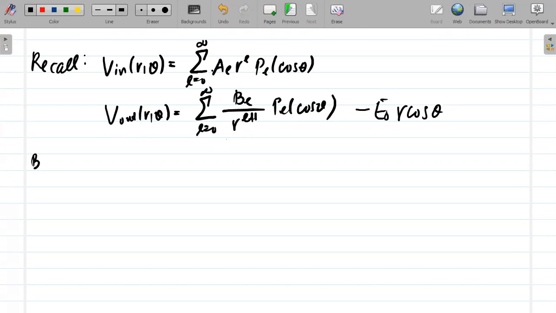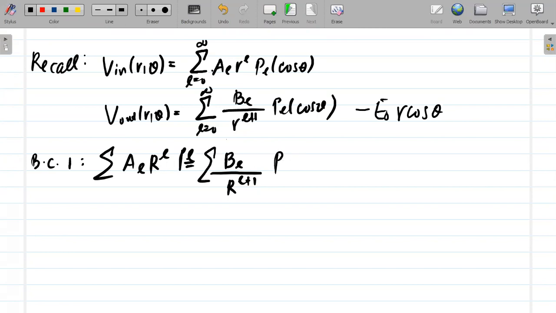Now let's use boundary condition 1. So ano yan? At the boundary, so R equals R, R to the L. So that is equal. Mag-shortcut na ako class, R to the L plus 1. Diba, usually meron pa tayong summation dyan, tapos may PL, tapos may summation din dito, tapos PL.